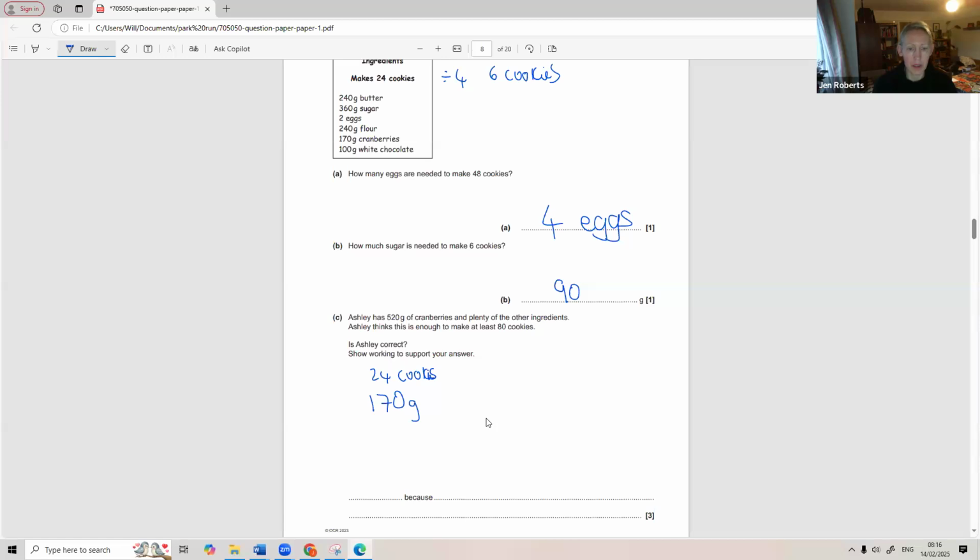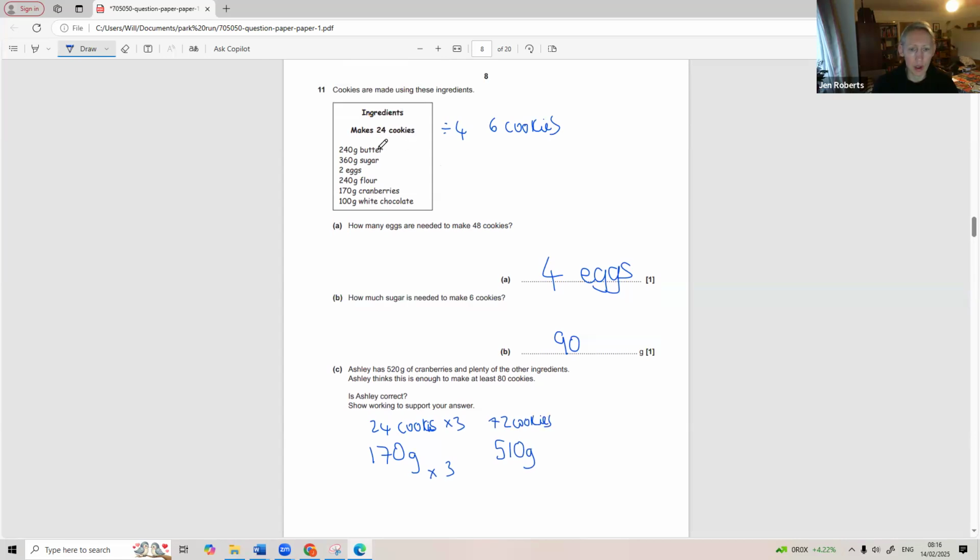Oops. If I times this by 3, we get 510 grams. If I times this by 3, 24 times 3, 72. We've got 72 cookies worth, but we have got 10 more grams here. So let's just have a look.